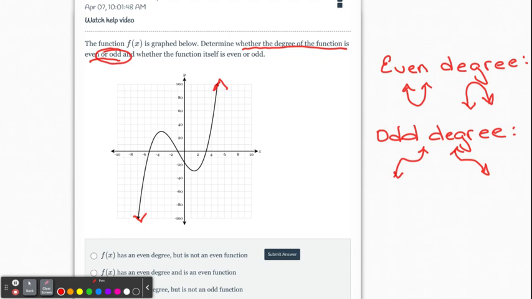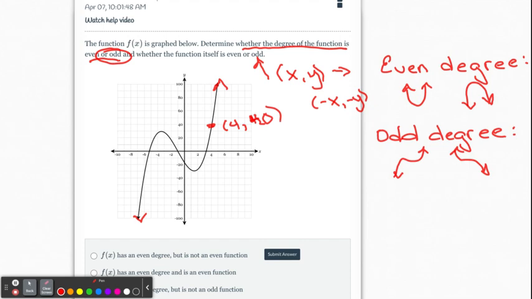So in order to have an odd function, you have a rule where you have a point, and for an odd function, you also have the negated numbers of that point. Let's do this point, about 4, 40.